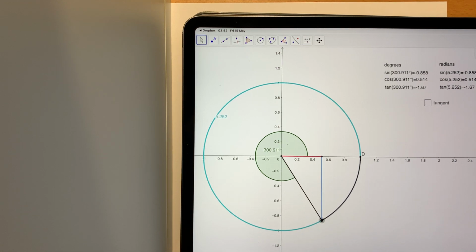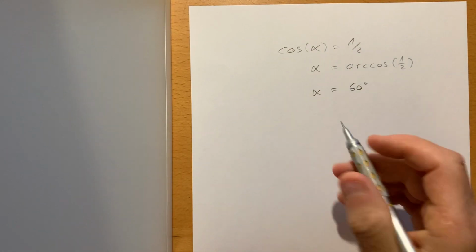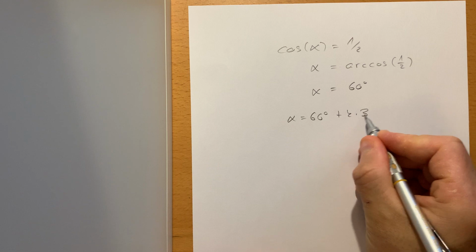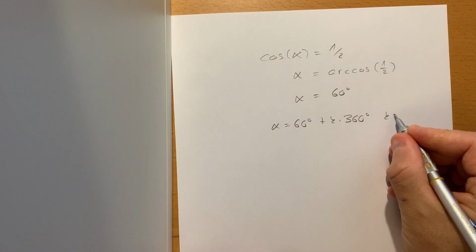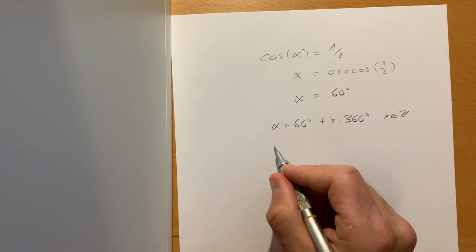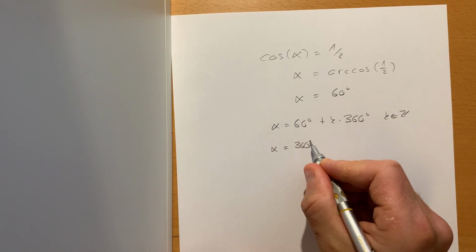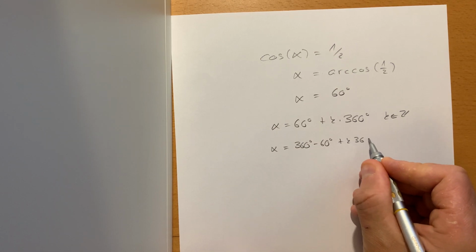So what does that mean? Let's quickly write this up. You could say alpha is 60 degrees plus k times 360 degrees, all the full revolutions. K is an element of Z. And you could say the second basic solution is 360 minus 60 degrees plus k times 360.